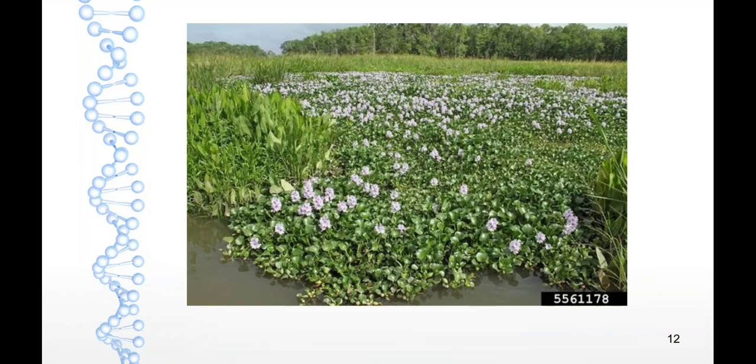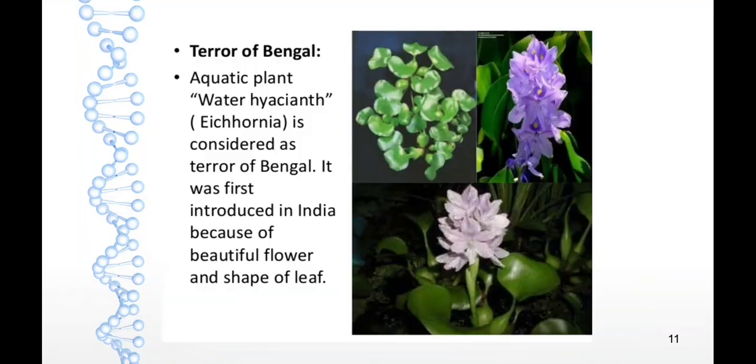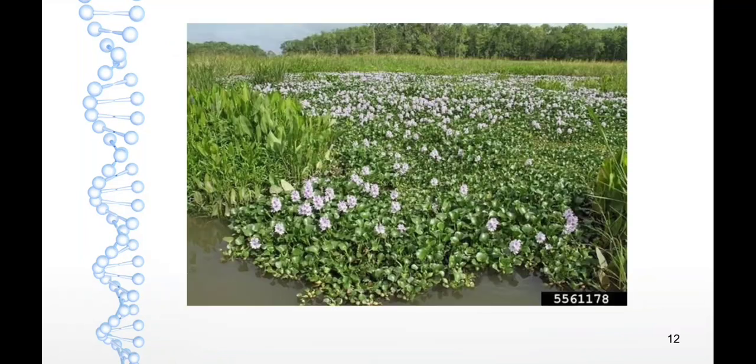And this makes the habitat destroyed and other organisms cannot survive here because they do not get enough oxygen or sunlight. And this water hyacinth is known as the terror of Bengal. These three, that is runner, sucker, offset, are subaerial stem modifications.